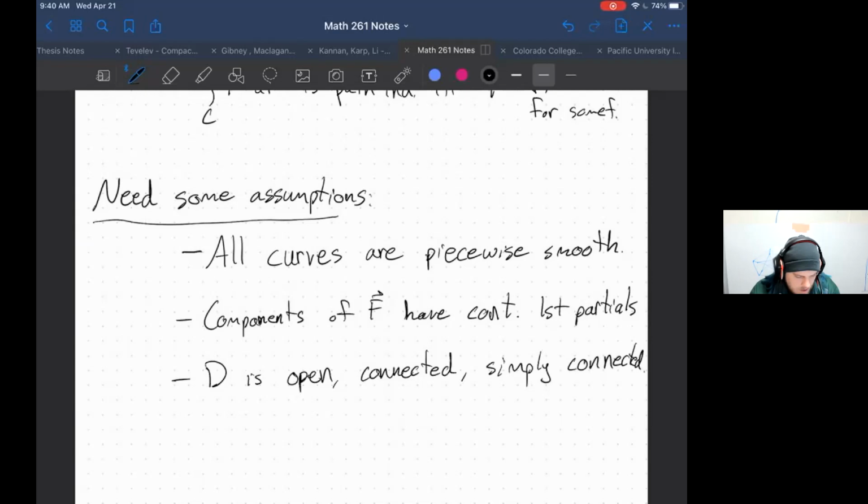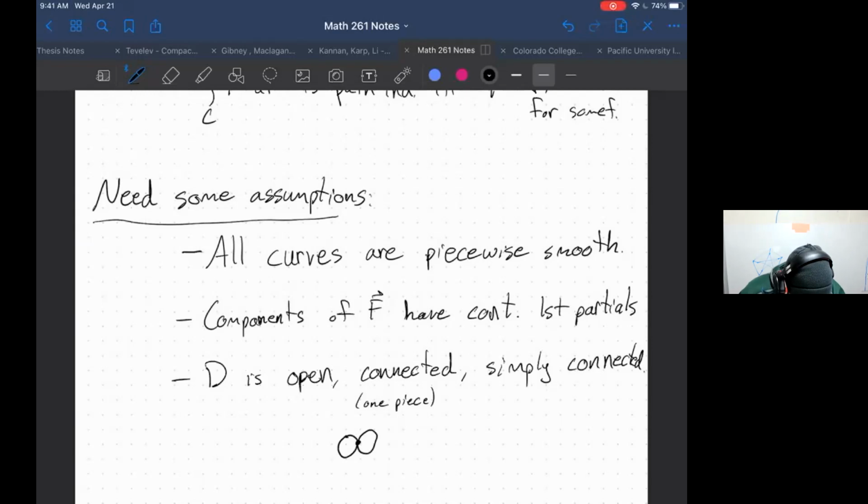So we know what open is, you draw a dotted line around whatever region. Connected means one piece, right? So you don't have a blob over here and a blob over here. You really want it to be one blob. One idea is that if you had two circles joined at a point, we don't necessarily want this.